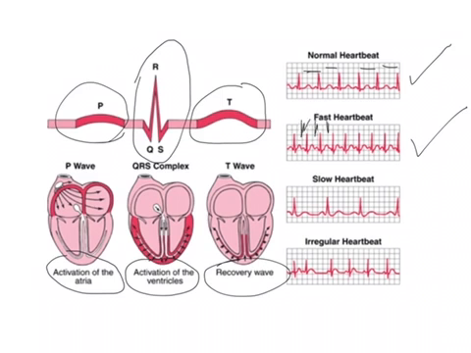Less time, less time, less time. And then here's a slow heartbeat, we call it bradycardia. Look at all the time in between here, that's very slow. And then here's an irregular heartbeat. See how it's not consistent? It's kind of like fast, slow, normal, normal, normal, slow. You know, it's irregular.